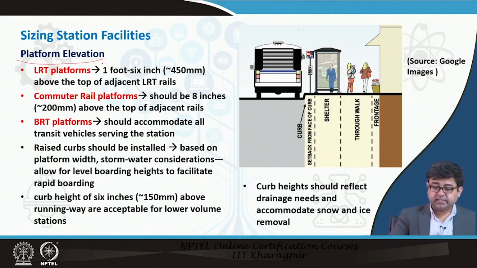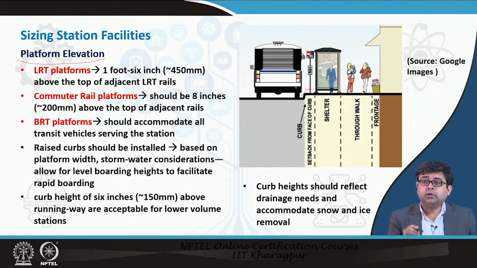Similarly, for platform elevation, you should always try to have the platform area a little bit above the curb. However, how much it aligns with the footboard is something that you have to decide. If you have it at grade with the footboard, then you have to have a much thicker platform height.